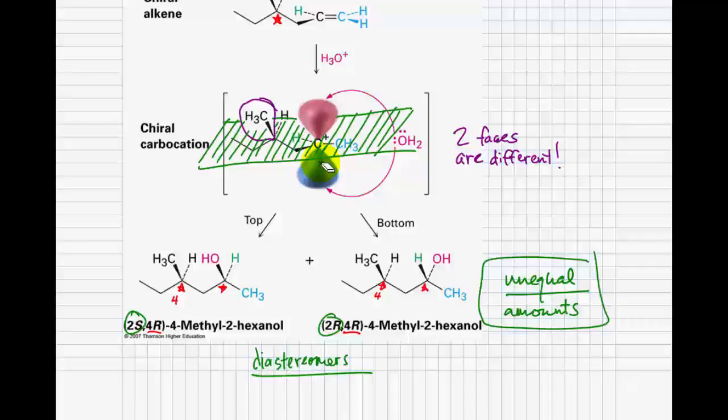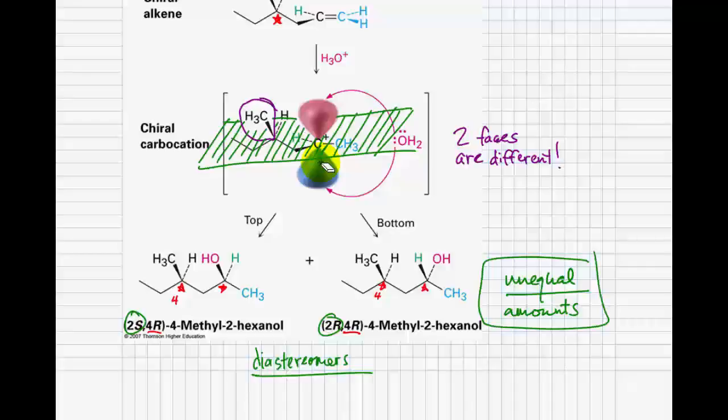So be able to assign R and S, be able to tell the difference between two compounds if they are stereoisomers, if they're enantiomers, diastereomers, if they're constitutional isomers, if they're completely the same, right? Be able to tell that. Be able to identify meso compounds and draw a mirror plane inside of them, an internal symmetry plane in a meso compound.